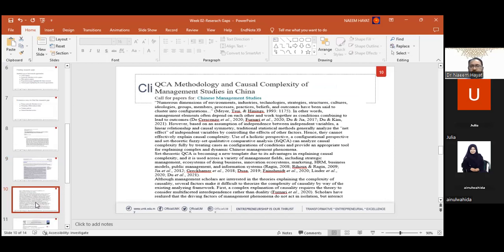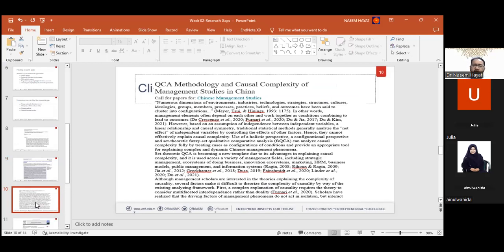Methodologically, QCA, qualitative comparative analysis, is a different kind of method. This kind of method is quite different from the normal quantitative regression-based, mean-based, or frequency-based analysis techniques.